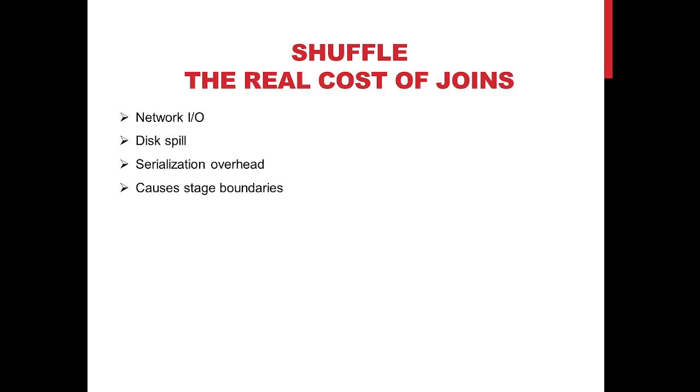Now, shuffle is the real cost of a join. So, let me be very clear here. Joins are slow, not because of the matching logic, but because of the shuffle.